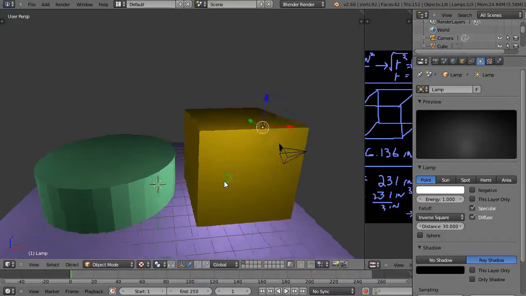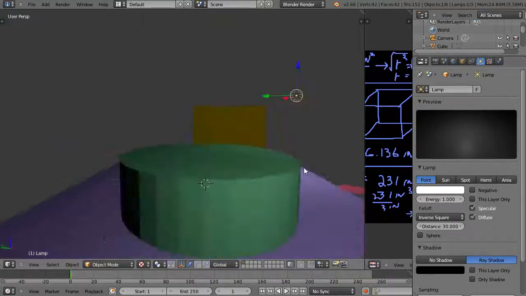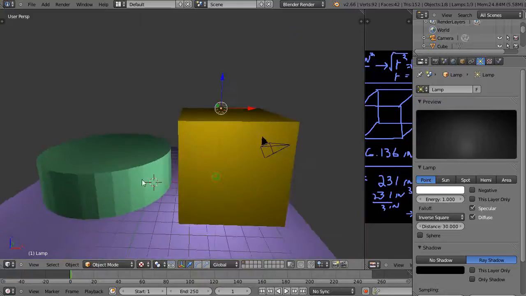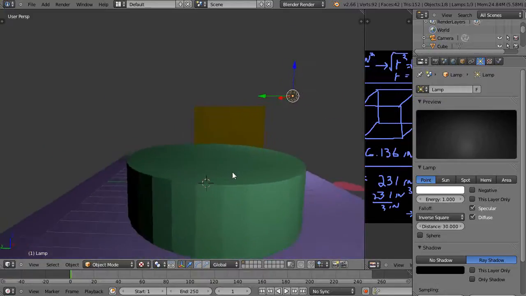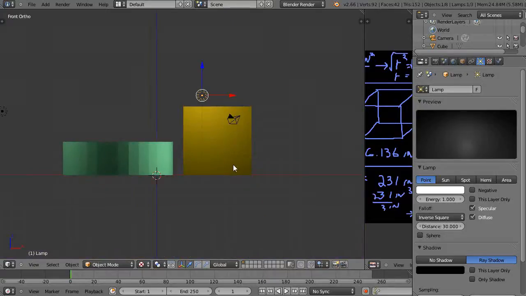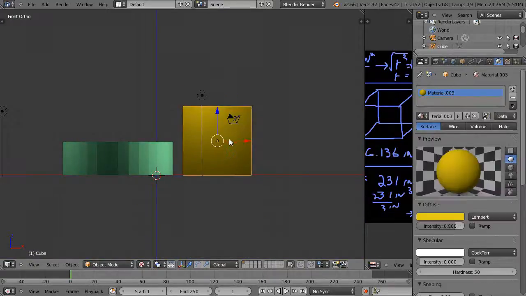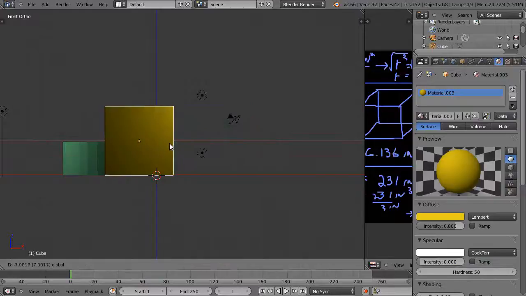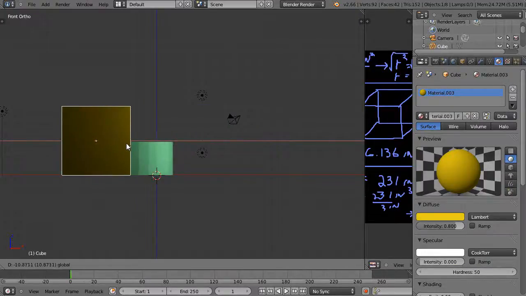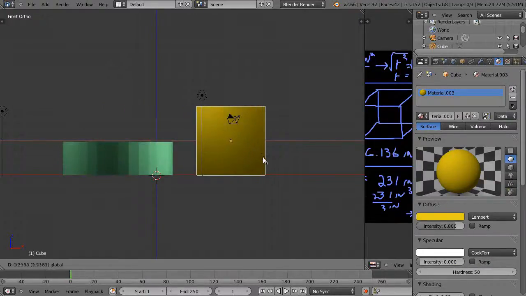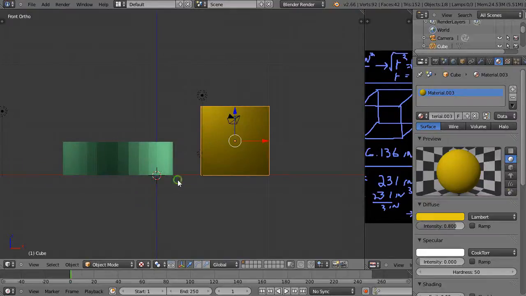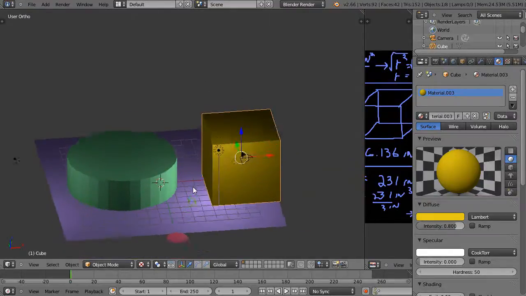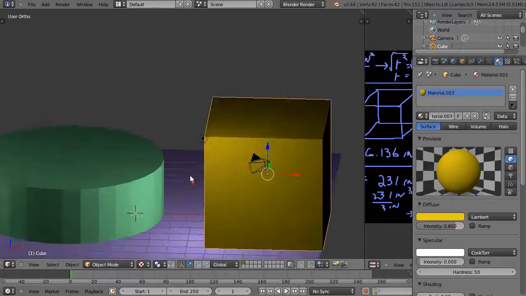Basically that cylinder, let's look at it in ortho mode. You can see if I move this cube over here, it doesn't occupy nearly as much space. So that cylinder and that cube would hold the same amount of liquid, in US gallons.